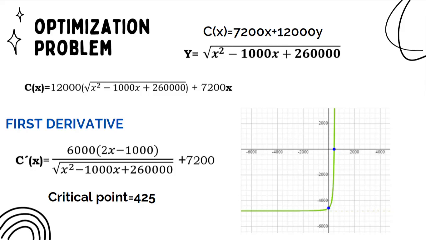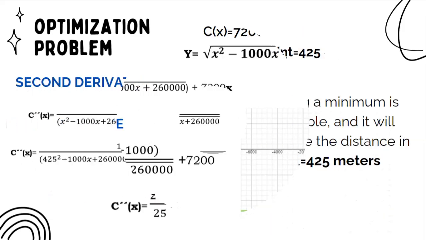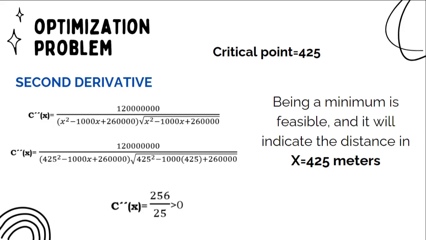Having the general function, we need the first derivative, and we need to find the critical point. As you can see in the graph of the first derivative, the critical point is going to be equal to 525. Having the critical point, I need to calculate the second derivative.